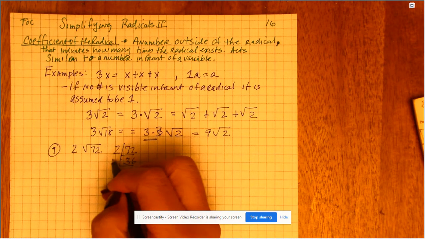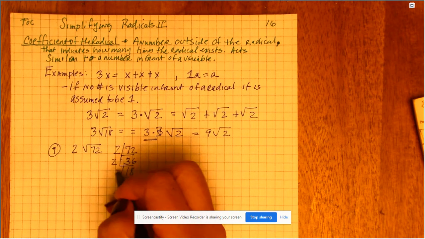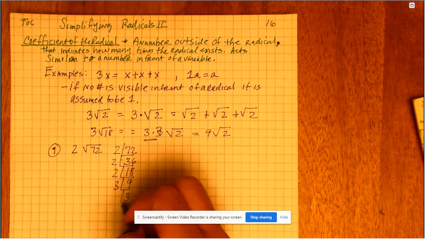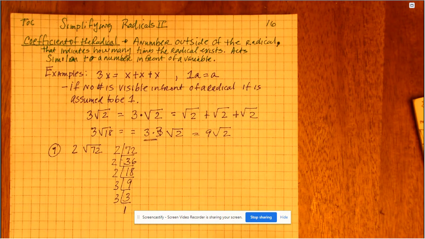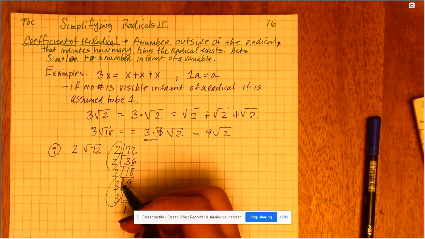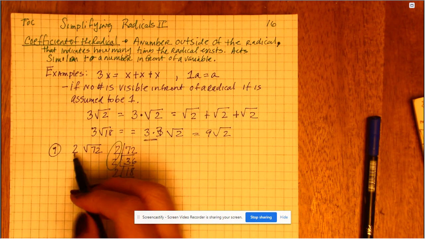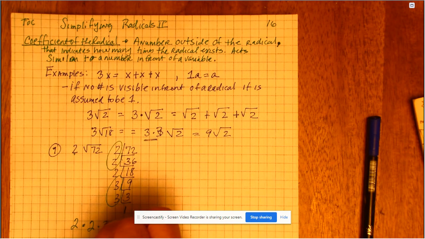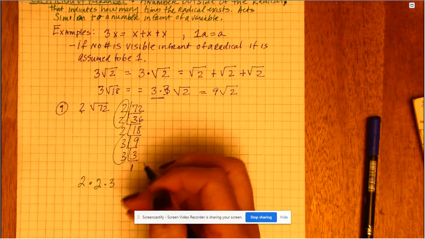If I keep on going all the way to the end there, I could see that I have a set of 2's that would come out and a set of 3's, leaving behind the 2. I already have a 2 outside. So I keep that 2 and it just multiplies by the factors that I'm taking out.